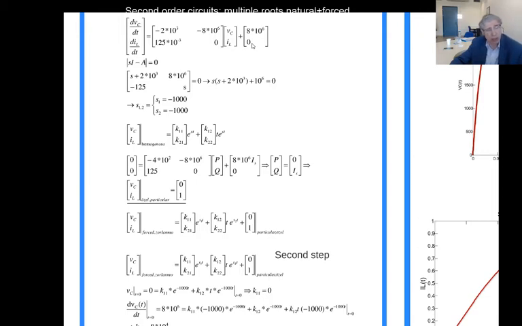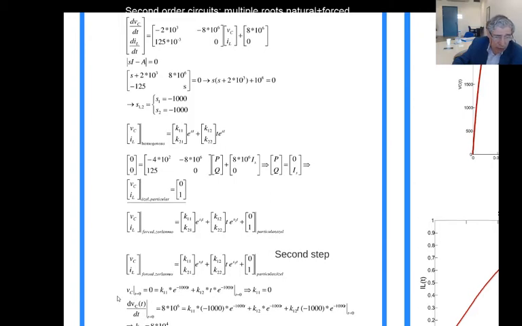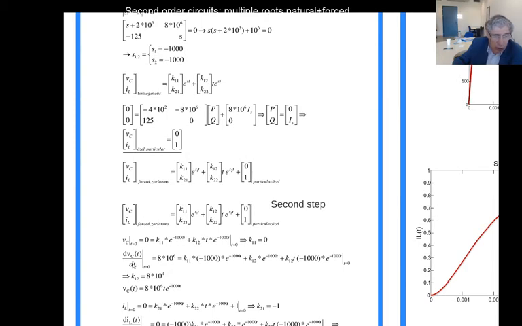It doesn't mean that initial conditions 0 means the state variables' derivatives' initial conditions are 0. We can't say that. So in here what we have done, we found the first equation and then took the derivative of the VC(t) function and replaced t with 0. We get another equation. Solution of those two equations gives us K1 and K2. Conclusion is this.